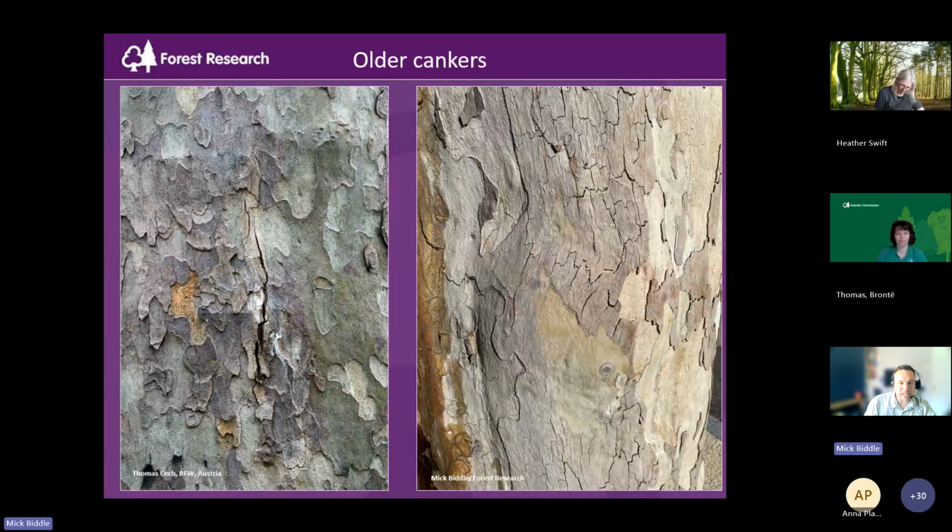Where we've got older cankers, you get these longitudinal cracks occurring, and where the cankers start to kill the bark, one of the diagnostic features of the dead bark is that it cracks into square or roughly rectangular plates. You can see on the right here.